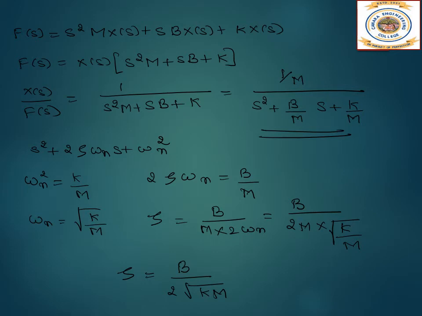So we have got these values here. Now we know k and m values, so we can find them. Let us find omega n. Since the values are directly given, we can directly substitute. I have just done the derivation in terms of k and m. So this will be root 33 by 3, which is equal to 3.317 radians per second.